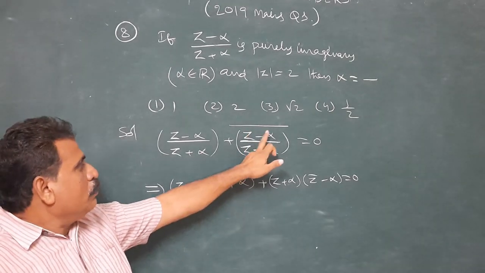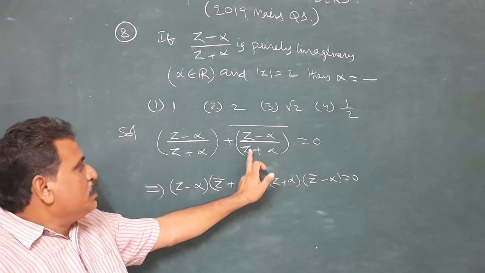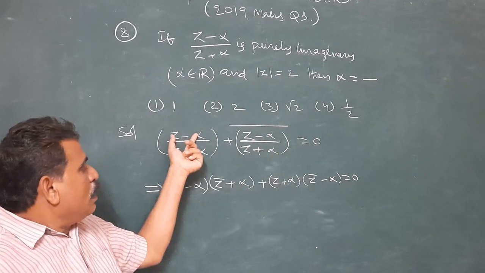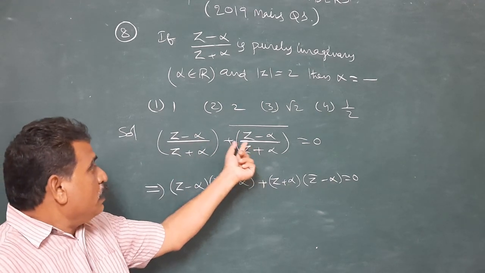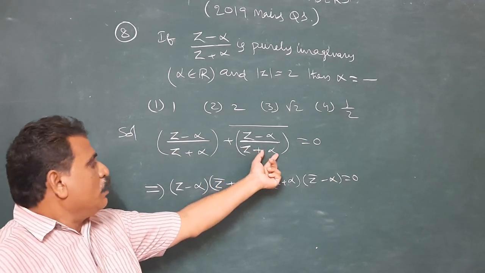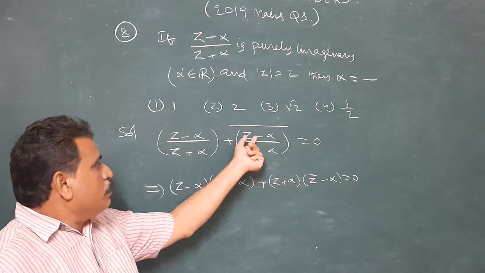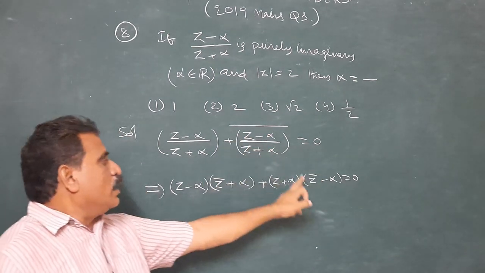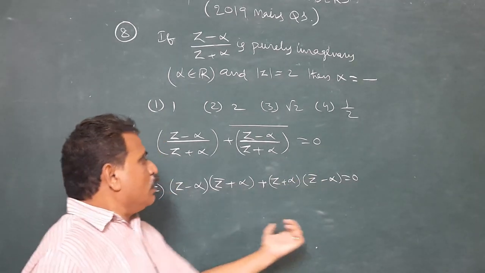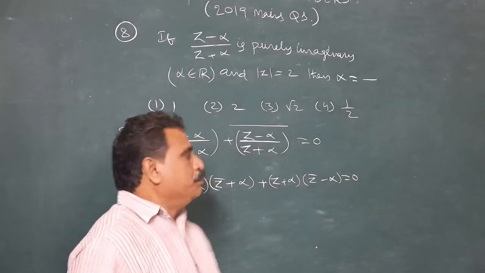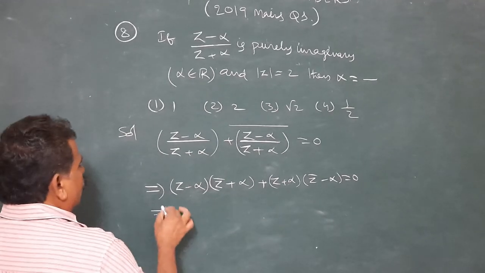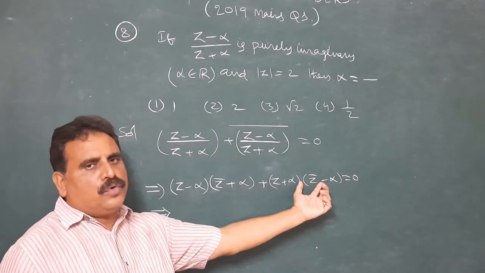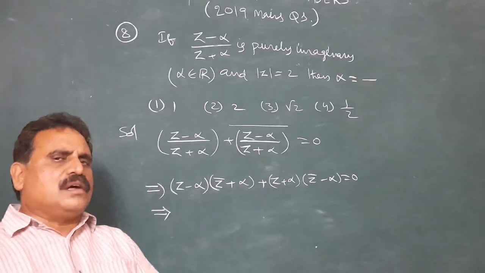After taking LCM, (z minus alpha)(z bar plus alpha) plus (z bar minus alpha)(z plus alpha) equal to 0. The denominator, by cross multiplication, becomes 0. Now expand by the distributive property. We get 4 terms here and 4 terms there, totally 8 terms. 6 terms are cancelled.